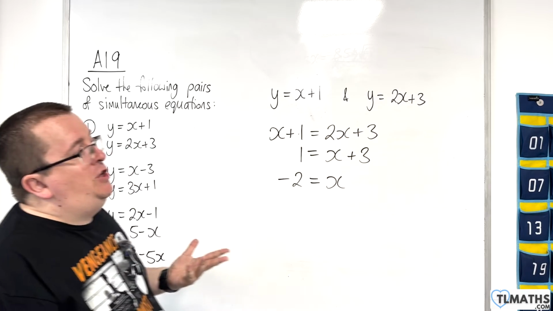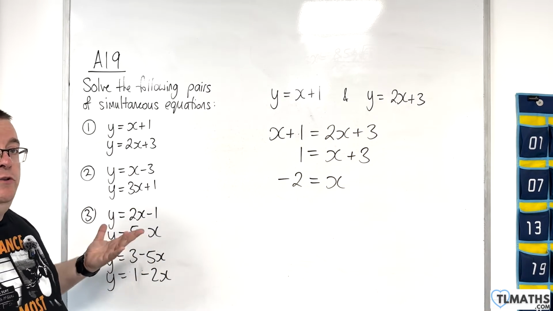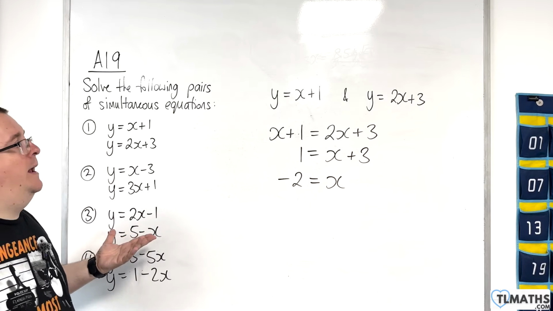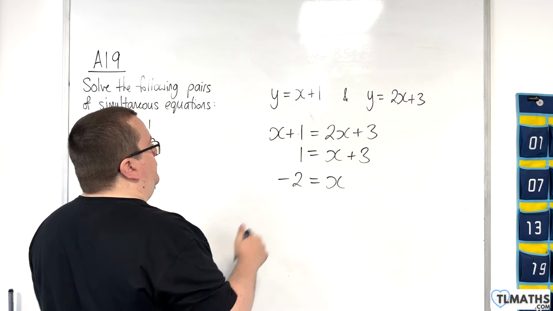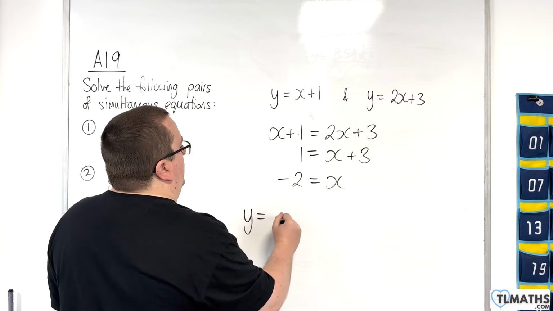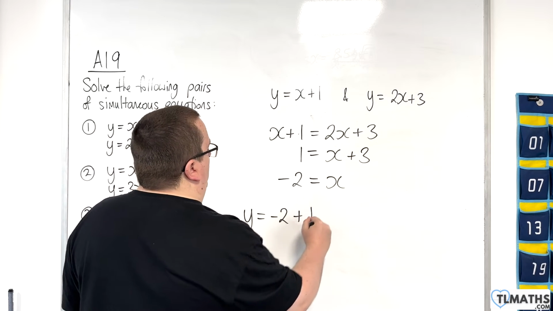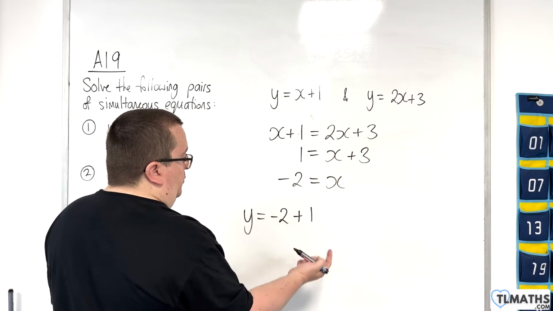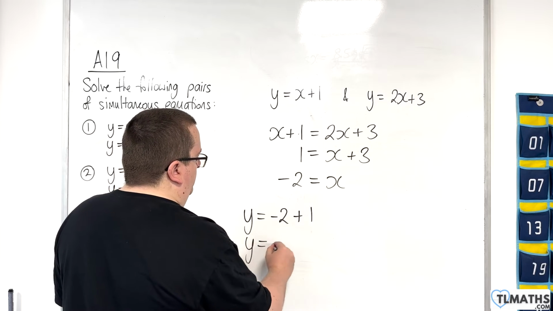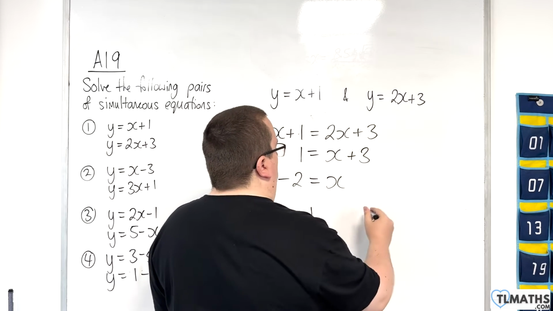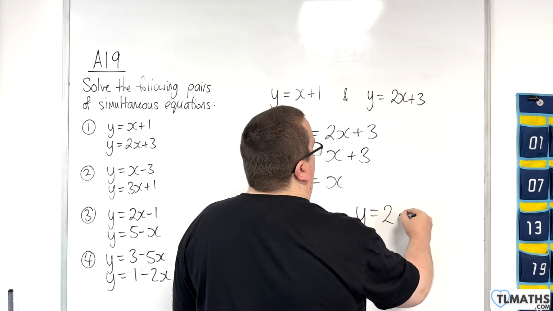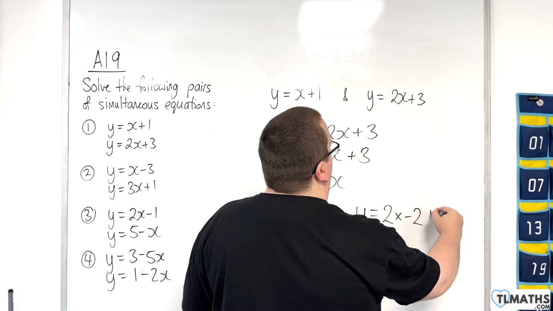Now I'm going to substitute it into both just to show you that you get the same answer. So if you substitute it into this one, then y would be equal to minus 2 plus 1, and minus 2 plus 1 is of course minus 1. If you substitute it into this one, you get y is equal to 2 lots of minus 2 plus 3.